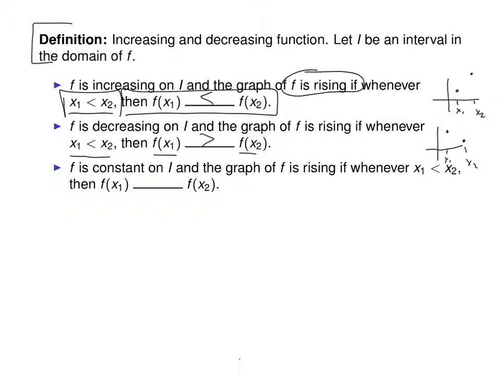You know what I did? I didn't fix this. This shouldn't be rising. That should be sinking. And this should be constant. I think I copy pasted and didn't change all the things.